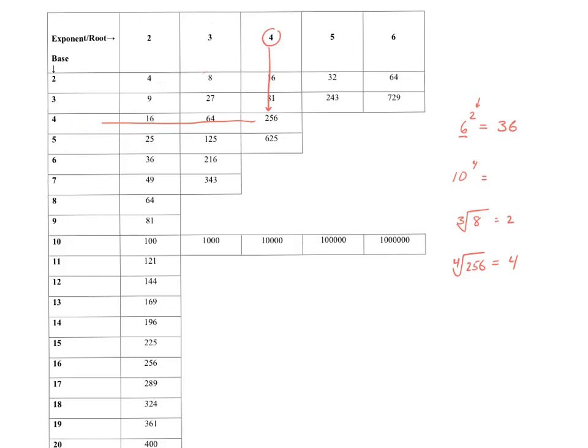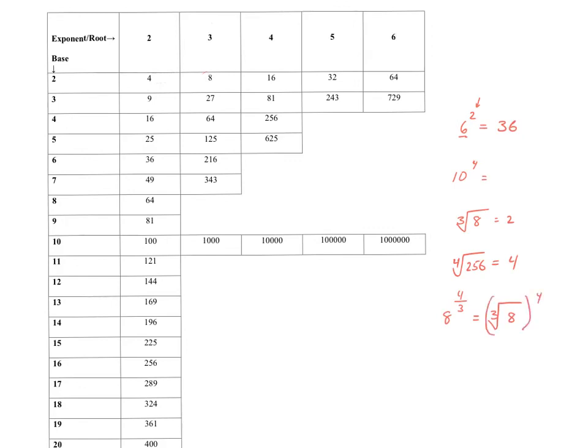Okay, now here's where it becomes really useful to us. Let's say we're faced with a fractional exponent. So for example, we want to evaluate 8 to the 4/3. What I'm going to do is, we could change this over to radical form. We could say that that's the third root of 8, that quantity to the fourth power.